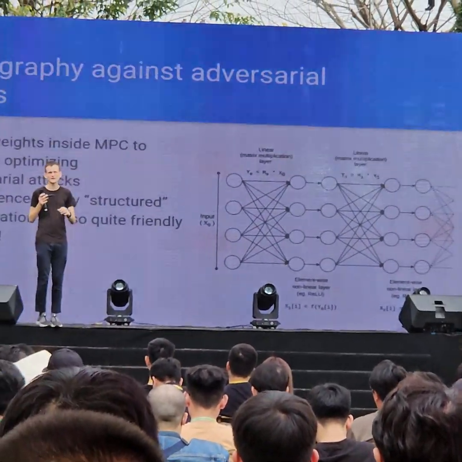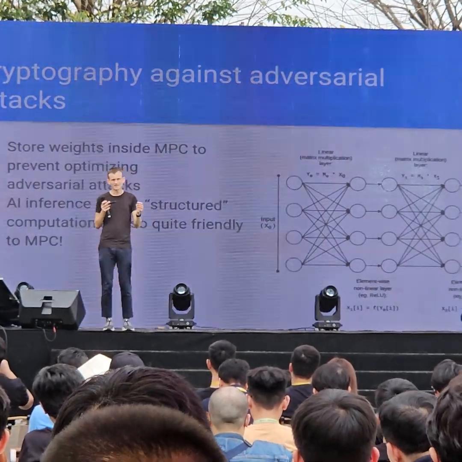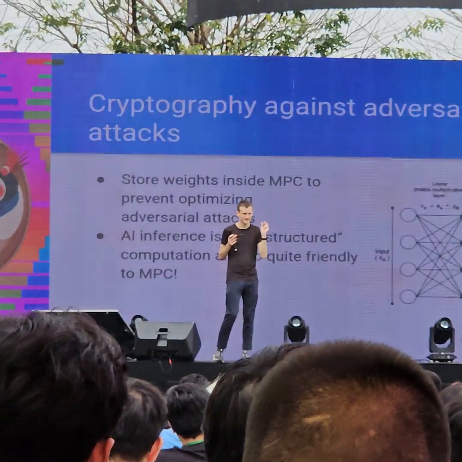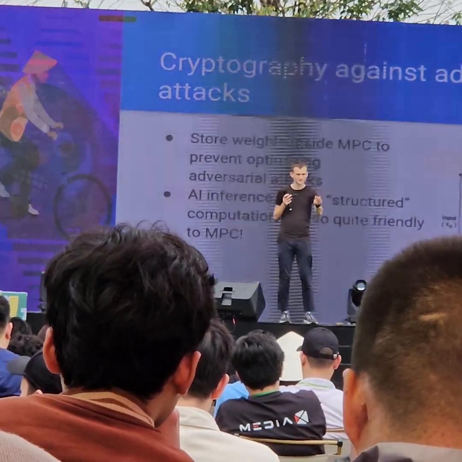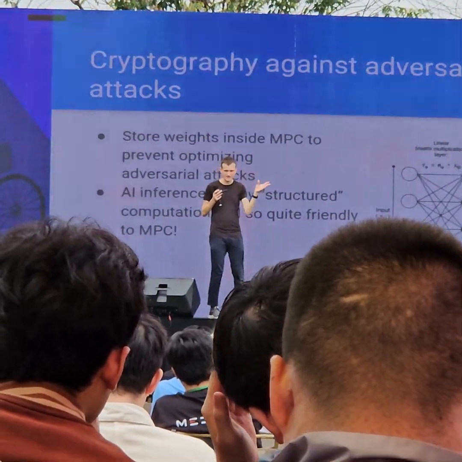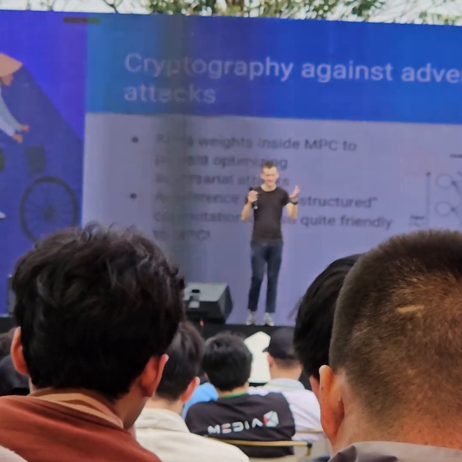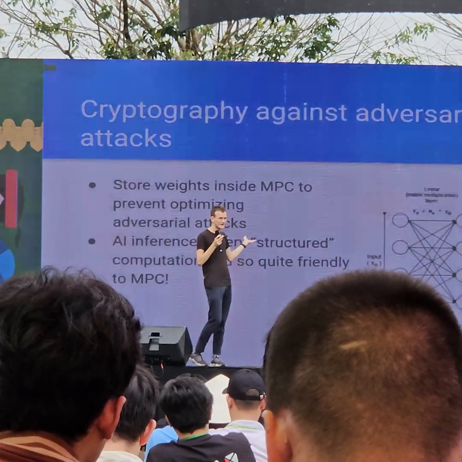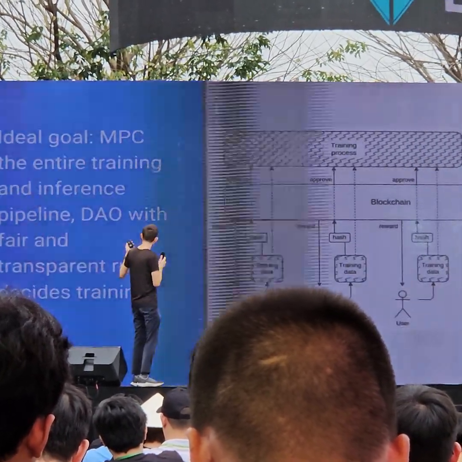Even if any one of them is dishonest, you continue to get correct answers, and no single one of them can extract any significant amount of information about the model, right? So you can do an MPC, and you can actually preserve privacy. You can basically make models where no one can see the inside, not even the creator. And if you make a model like that, then training attacks against it actually becomes much more difficult.